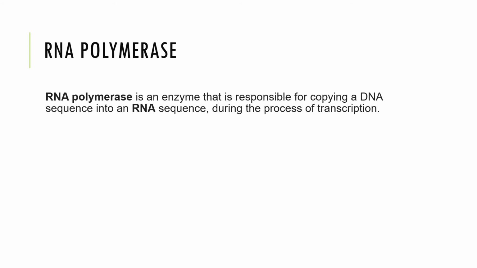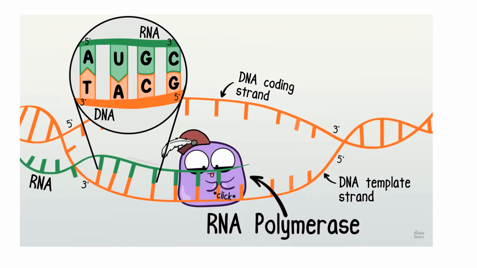Now, RNA polymerase is the most important enzyme in RNA synthesis. It copies the sequence of DNA to an RNA during the process of transcription. Now, I want you to see that the strand which goes from 5' end to 3' end is called the coding strand, whereas the one which goes from 3' to 5' is called the template strand.